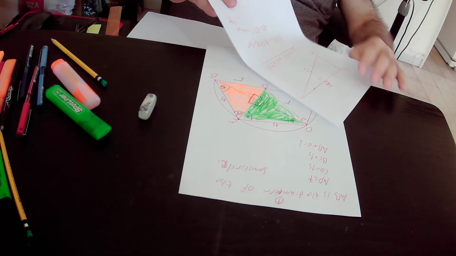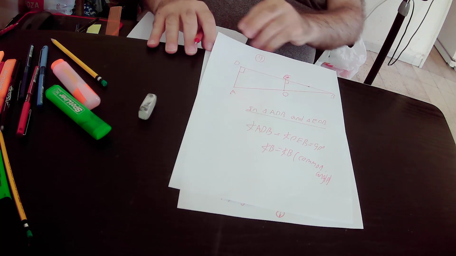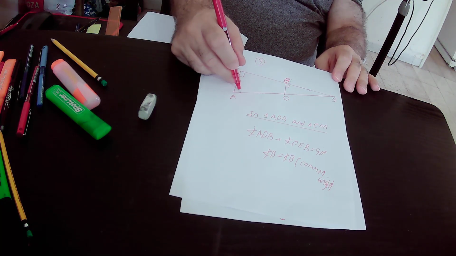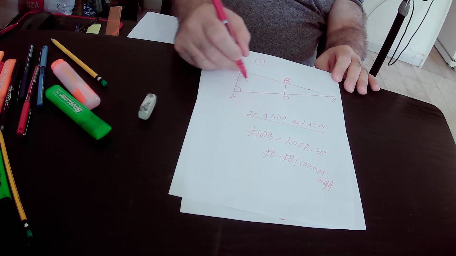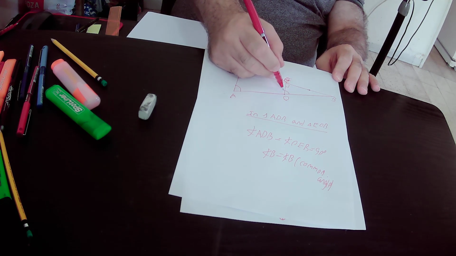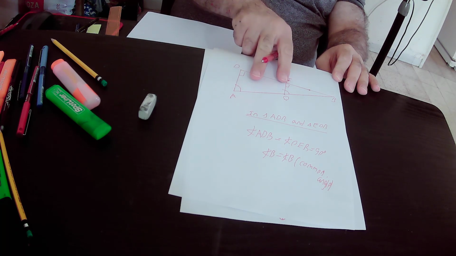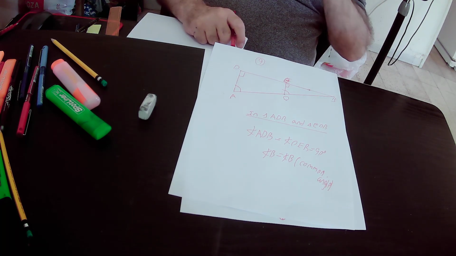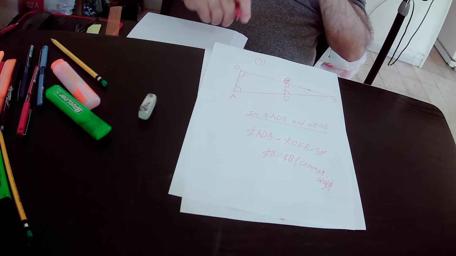And actually angle DBA also must be equal to angle BOE, or EOB. Those two angles must be equal to each other according to the third angle theorem.